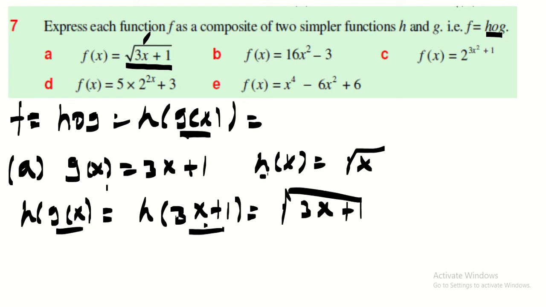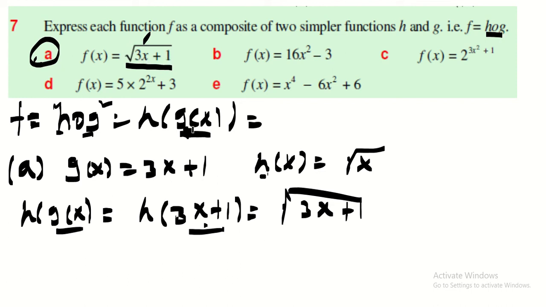What is asked is the functions which are composed and give you this result. Name those two functions h and g, but g must be the inner and h the outer. When you see a, there are two functions composed. The outer function is the square root and the inner function is the linear function.